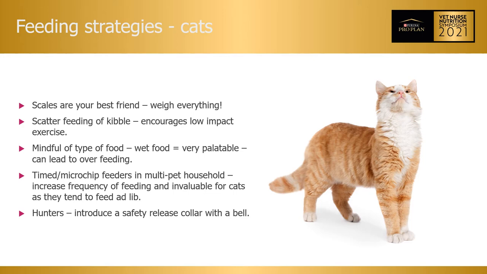Not only do we cut off their exercise source, which is counterintuitive to what we're trying to achieve, but also these cats can get quite stressed as a result, and this can lead to the possibility of them developing undesirable behaviours. So I think the best bet in these cases is to introduce a safety release collar with maybe 1 or 2 bells. So hopefully the prey get the heads up that they're being hunted and have half a chance of getting away.